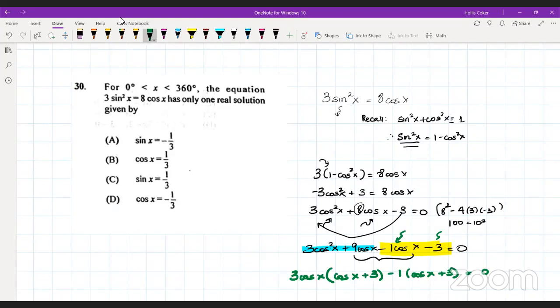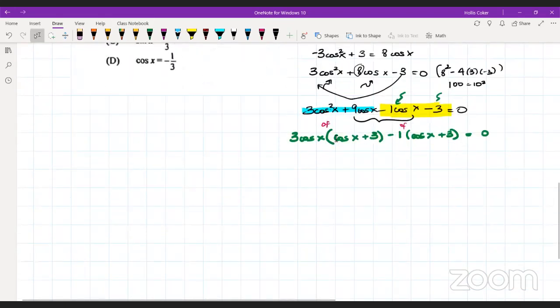So what I do have is 3 cos x of cos x plus 3, minus 1 of cos x plus 3. If you have 3 cos x of something and a minus 1 of it, then that's the same as 3 cos x take away 1, of cos x plus 3. You agree with that?